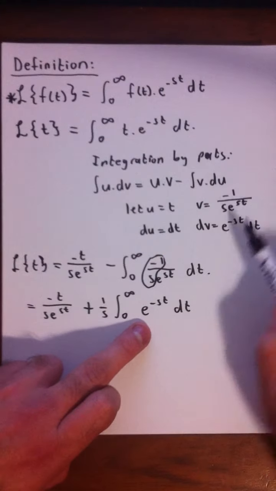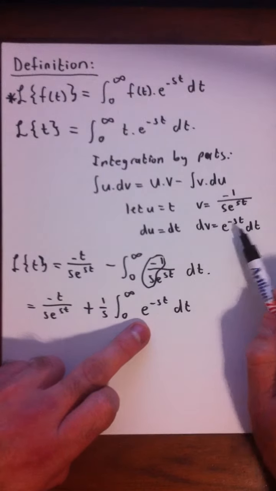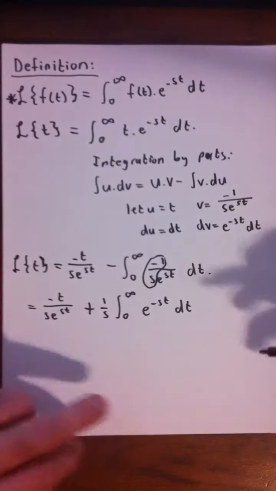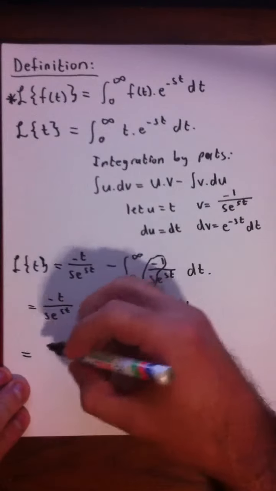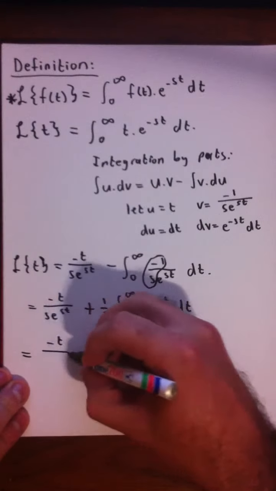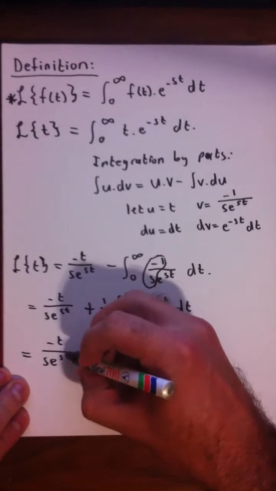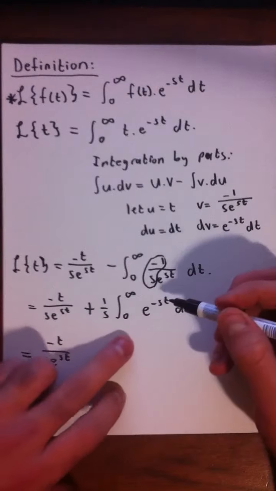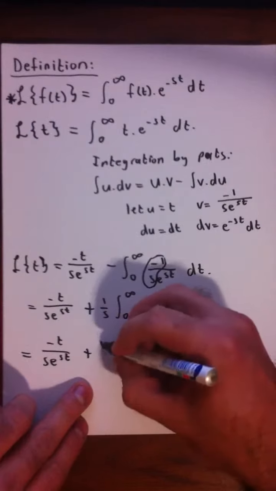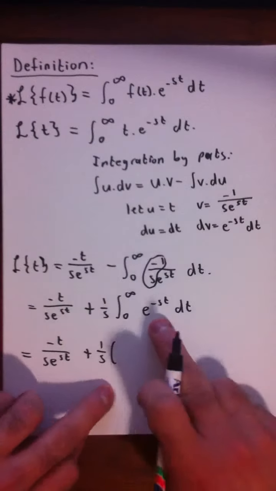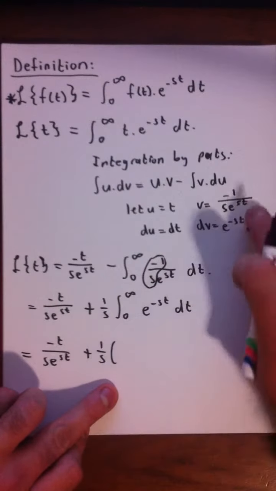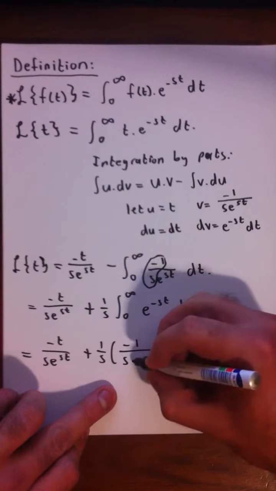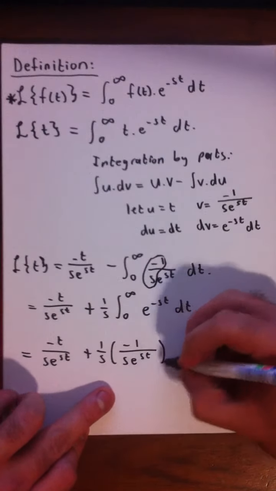As you can see, the integral of e to the negative st was that v expression there. So let's rewrite negative t over s e to the st plus 1 over s, and if you integrate this expression, it becomes negative 1 over s e to the st.